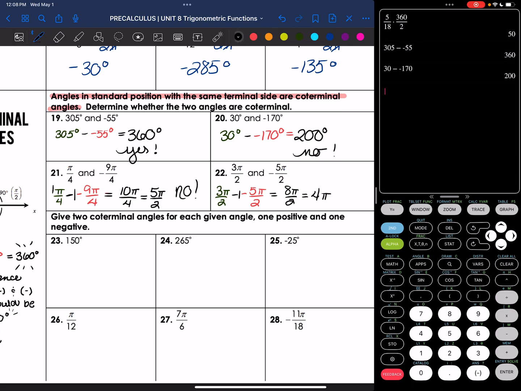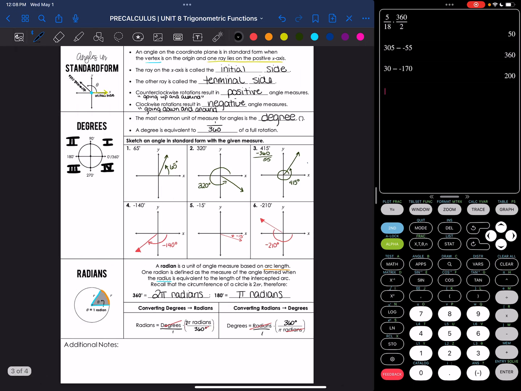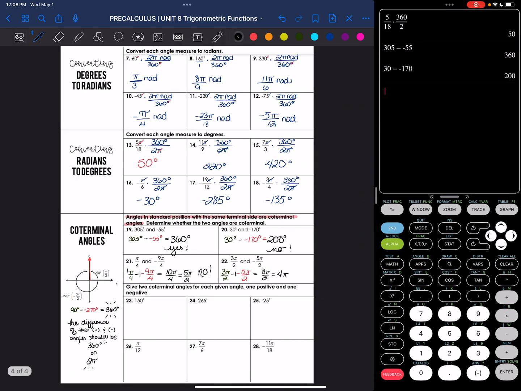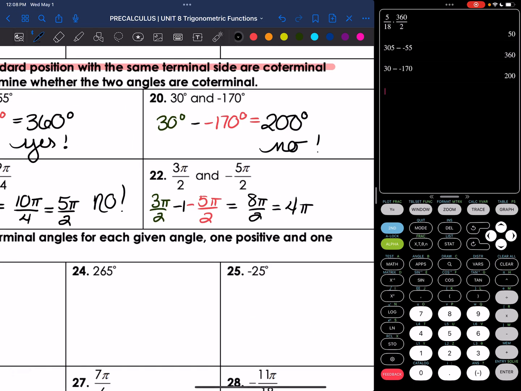Now 4 pi, remember with me, well, let me go ahead and think about this by drawing a little picture. 4 pi means that you've gone one rotation. One rotation is 2 pi, right? So then 4 pi means that you go 1, 2.